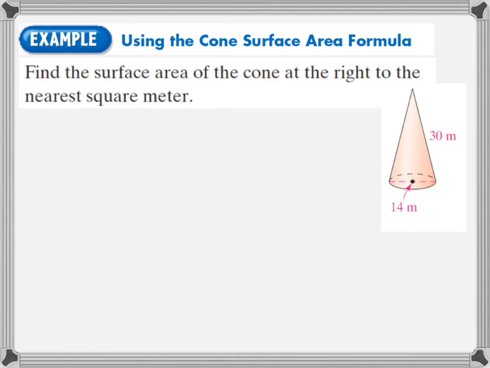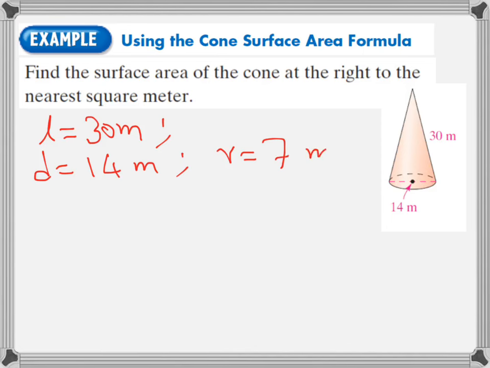Find the surface area of the cone at the right to the nearest square meter. Do we know how much is the slant height L in the cone? It is 30 meters. And how much is the diameter of the cone? It is 14 meters. So how much is the radius? 7 meters, half of the diameter. What is the formula to find the lateral area of the cone?